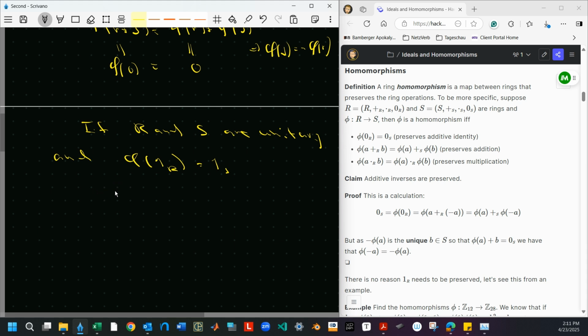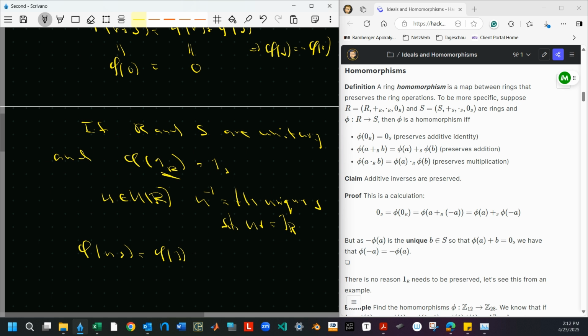So if we have a 1, and u is in the units of R, then u inverse is, again, the unique s such that us equals 1 of R. So I have here that phi of us is phi of 1, and we say this is 1 of S. But it's also phi of u times phi of s.